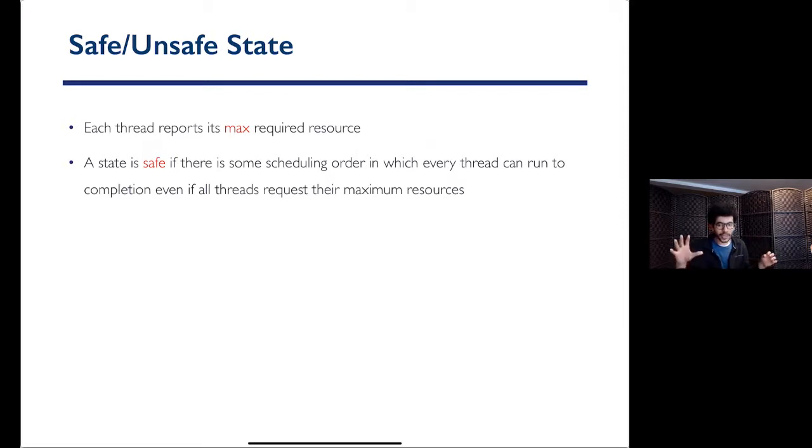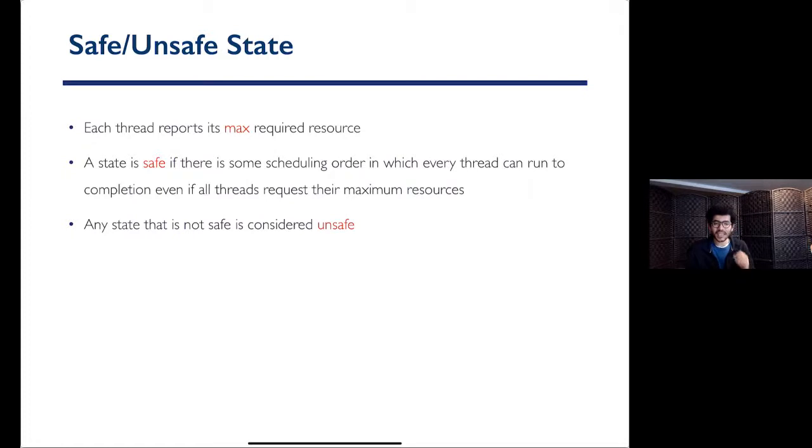Now, if we just substitute that request matrix with this maximum request matrix and run the same algorithm, then we can rest assured that if the algorithm finishes and nobody is in that unfinished set, then deadlock is not going to happen, even if they ask for their maximum. And otherwise, I'm in an unsafe state.